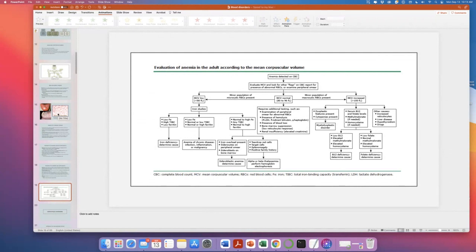We can use the history of the patient, but that also doesn't help too much, because imagine you have a woman that has irregular menses, heavy bleeding, and you suspect this woman may have an iron deficiency anemia because of the bleeding.